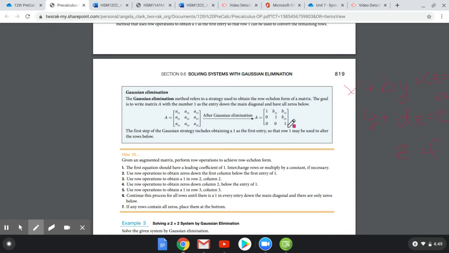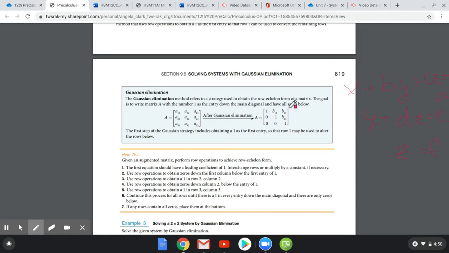This is known as row echelon form, and this is what we want to get after we've done Gaussian elimination. So you take a regular matrix, and then once we've done Gaussian elimination, we want to end up with something that looks like this. When we're doing this, it's usually going to be an augmented matrix, but they just showed it with a regular 3x3 matrix.